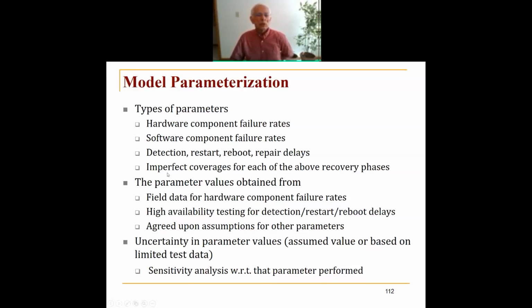But these two coverages, in most companies I've dealt with, there is no information on coverage. You simply assume 0.99 and then you vary over a range to see the effect of the assumption.